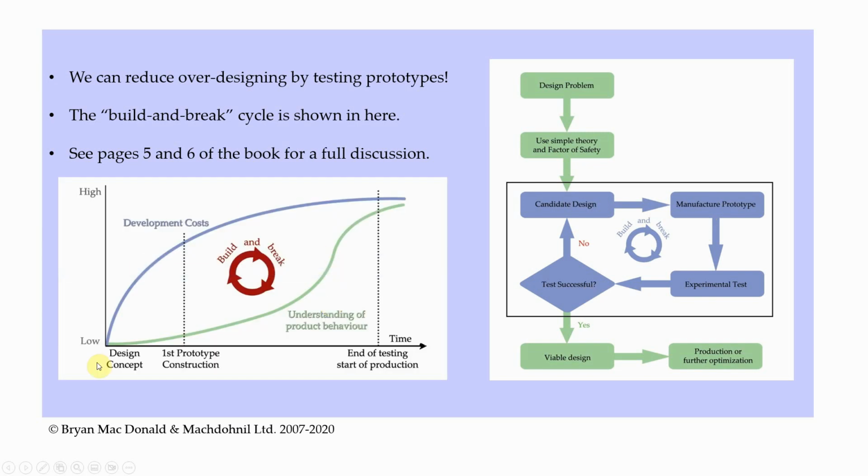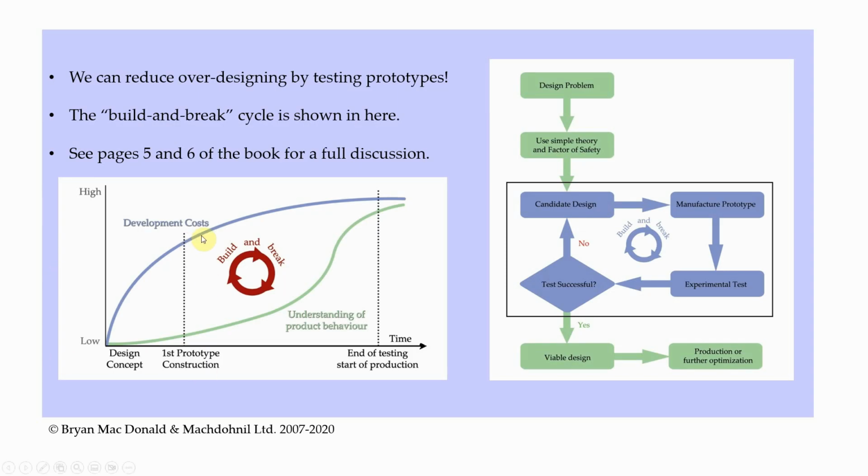So let's take a look at how development costs go throughout that process. If we look here at the blue graph, which is development costs, they start off low when we have a design concept. But they rise very quickly because we have to make our prototypes. We make our first prototype here. We need to pay technical people who operate machines or whatever it is to make those prototypes.